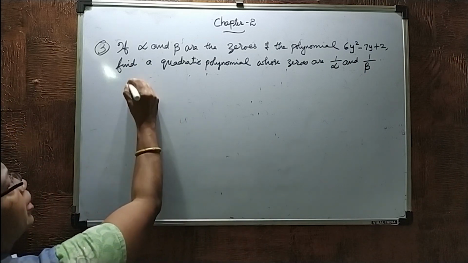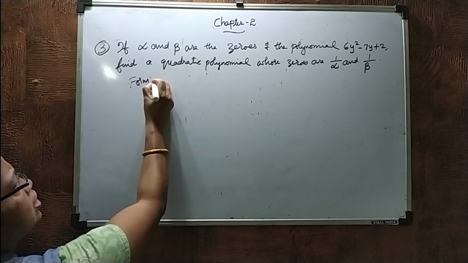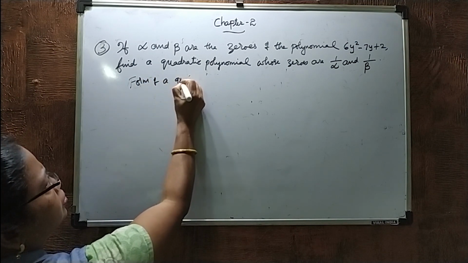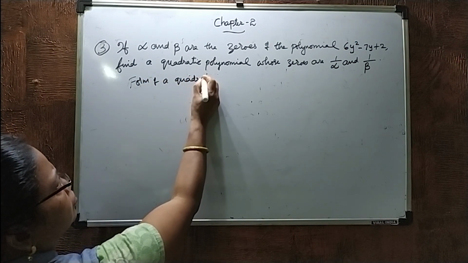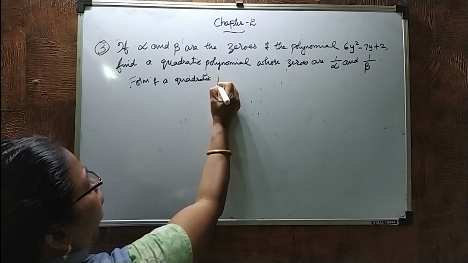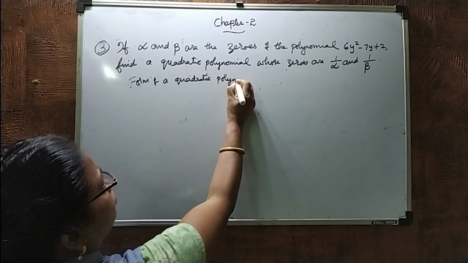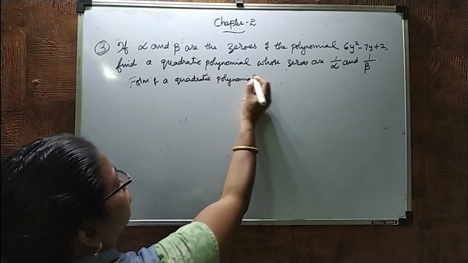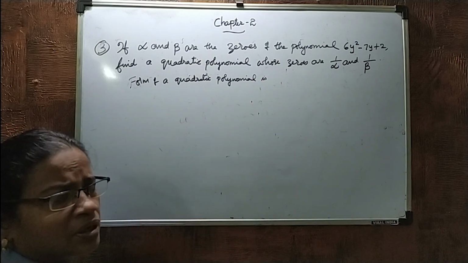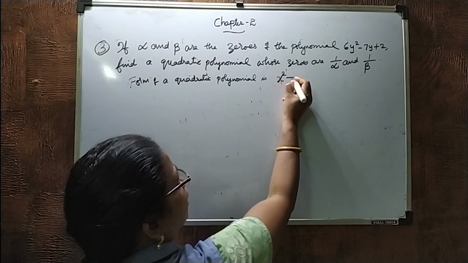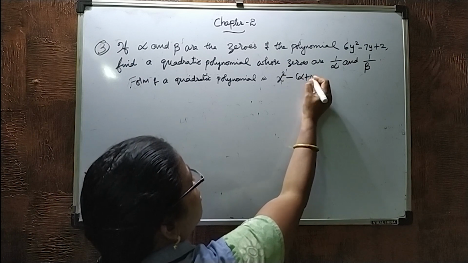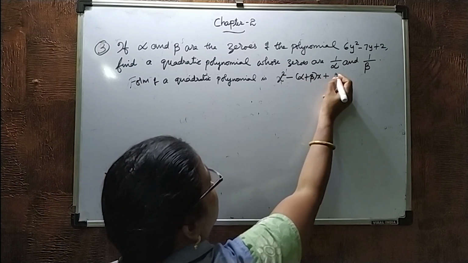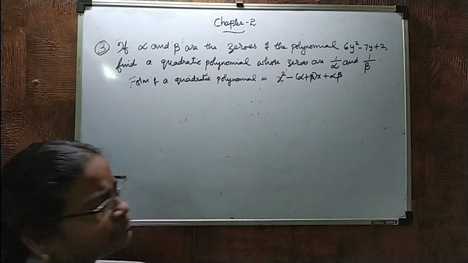The form is x square minus alpha plus beta into x plus alpha beta.